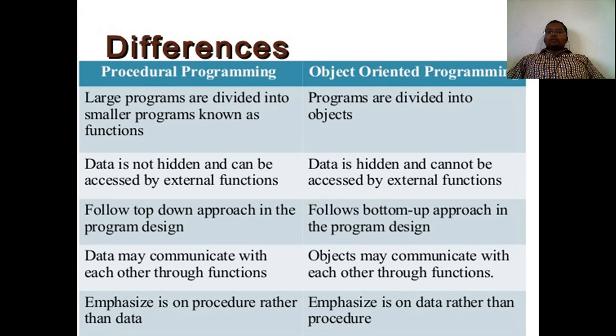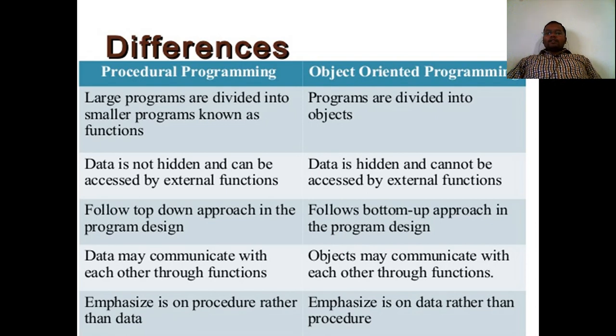In object-oriented programming, data is hidden and cannot be accessed by external functions. There is security in object-oriented programming. Procedural programming follows the top-down approach in program design, while object-oriented programming follows the bottom-up approach.